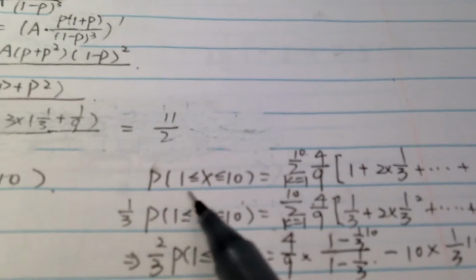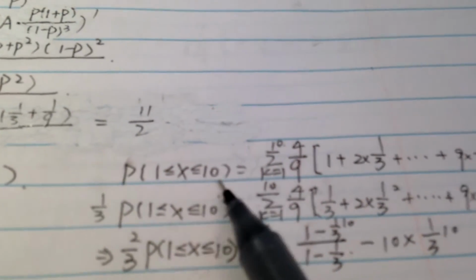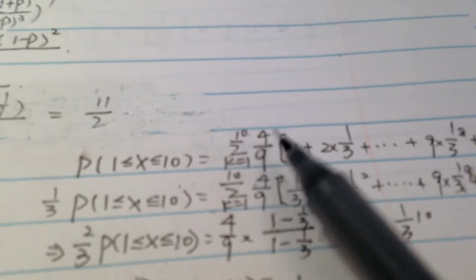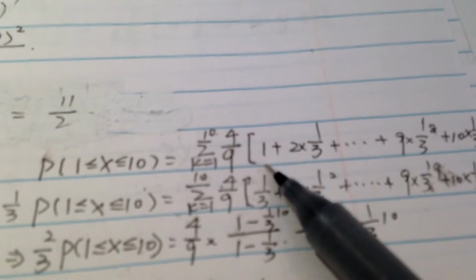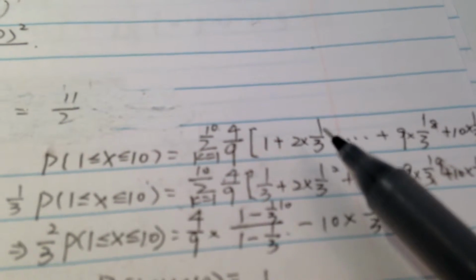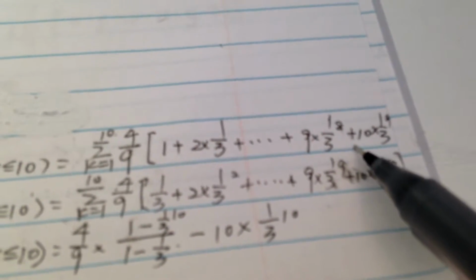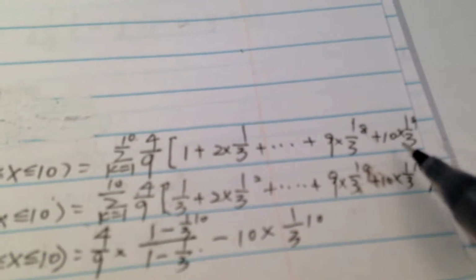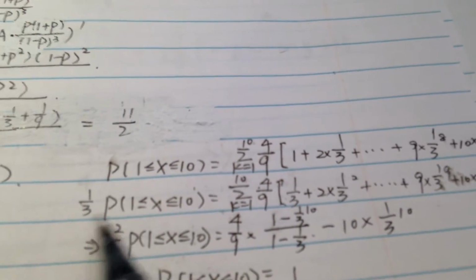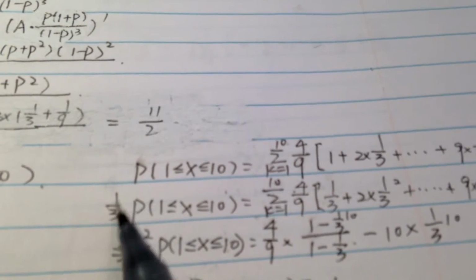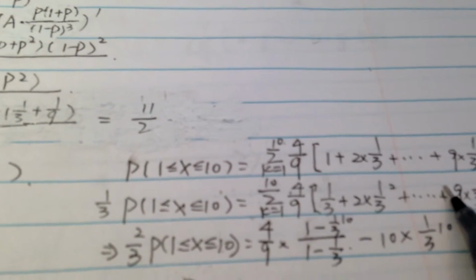And the probability of X between 1 to 10 equal to the sum of 4/9 times (1 plus 2 times 1/3 plus ... plus 10 times (1/3)^9), with k from 1 to 10. And we multiply 1/3 on both sides.